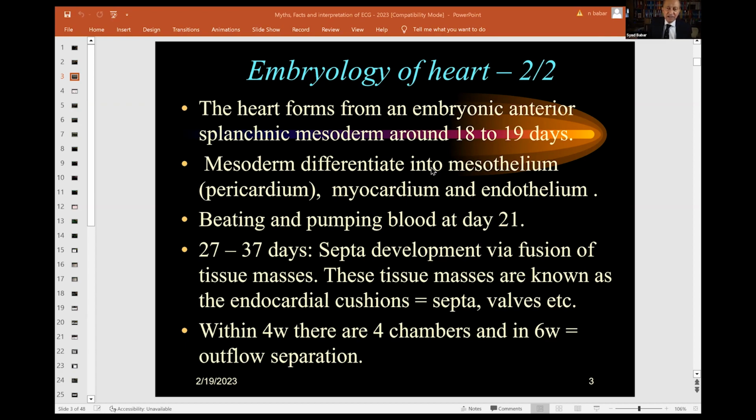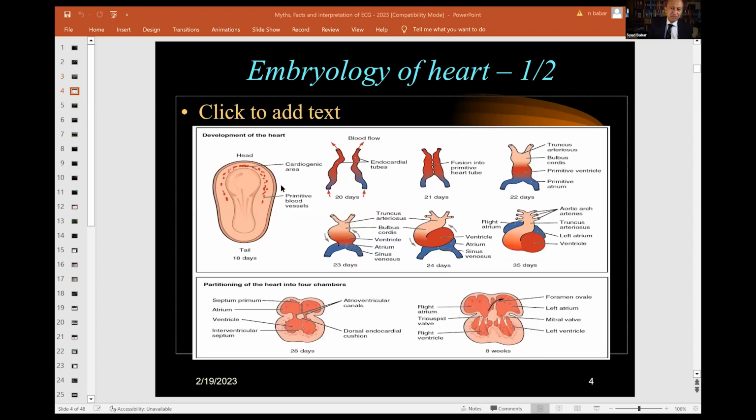The tubular heart, having generated from the primitive cardiac cells, now develops into a tube. And by 6 weeks, it has an arterial and a venous outlet. So this is the splanchnic mesoderm, the cranial end, and these are the small islets where the progenitors of cardiac cells develop.